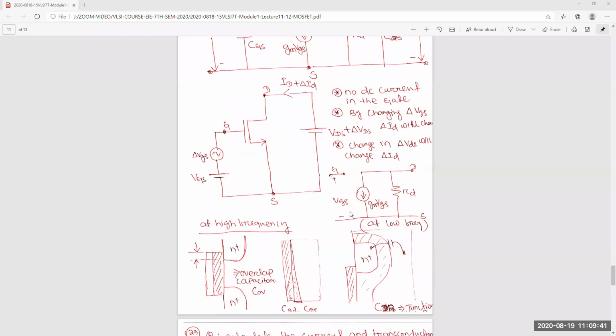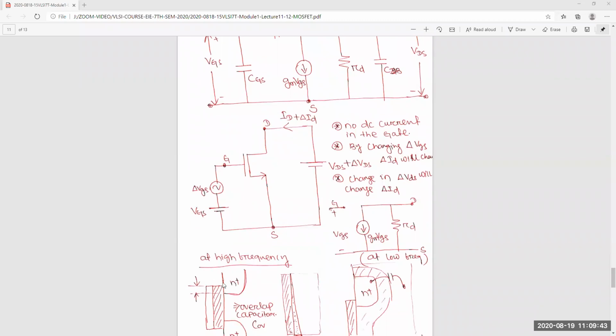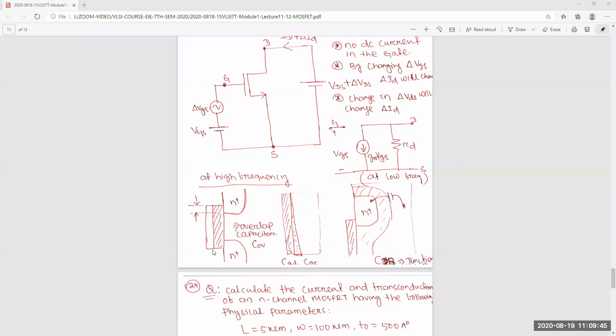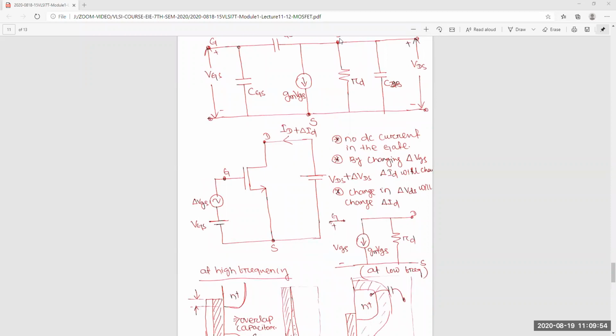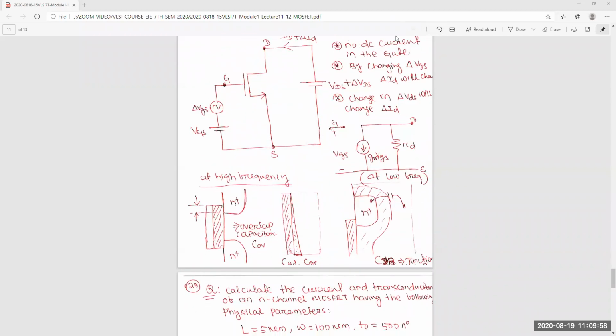So if you model these things here, the first one is CGS due to this overlap, plus the channel part. So this is your gate. This part is called CGS, this part is called CGD.